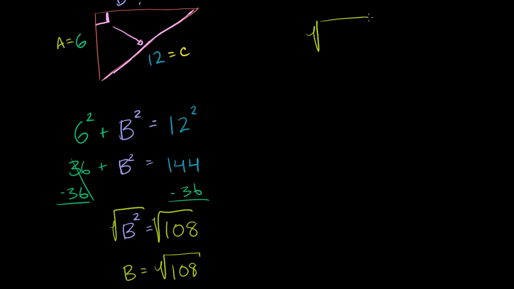Now let's see if we can simplify this a little bit. The square root of 108. And what we could do is take the prime factorization of 108 and see how we can simplify this radical. So 108 is the same thing as 2 times 54, which is the same thing as 2 times 27, which is the same thing as 3 times 9.